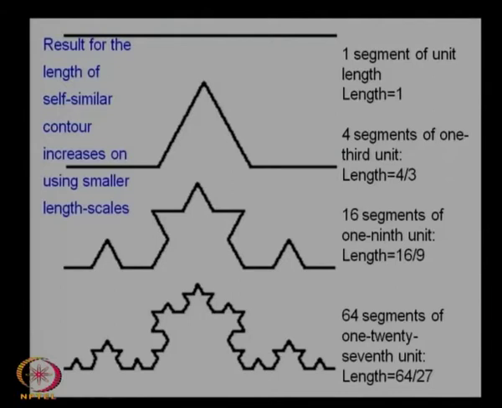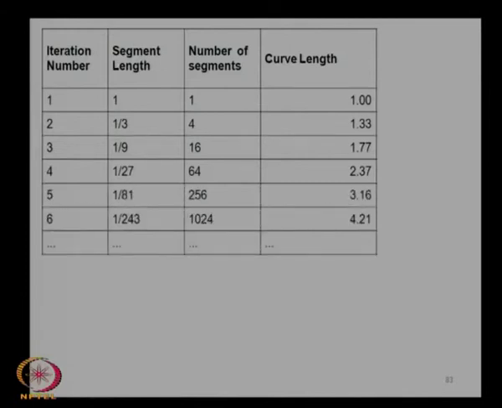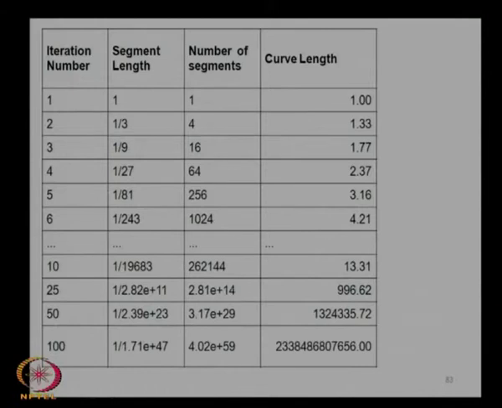You are multiplying by 4 by 3. Now, this is what you are doing in this table. So, it is directly connected to that. There is an exact relationship that you are scaling it by that factor.